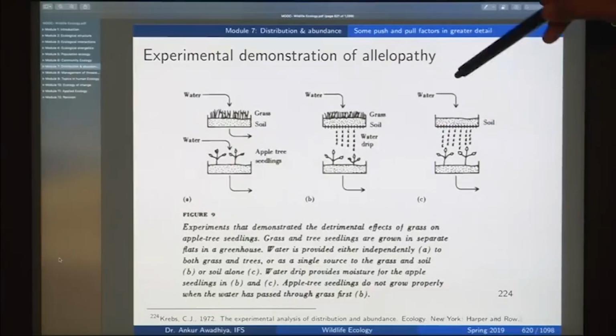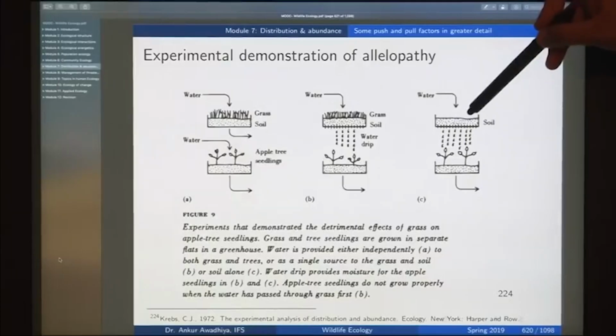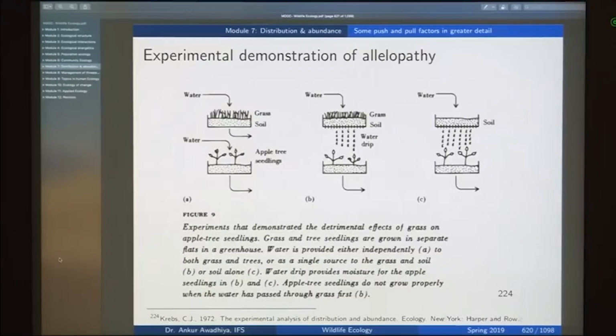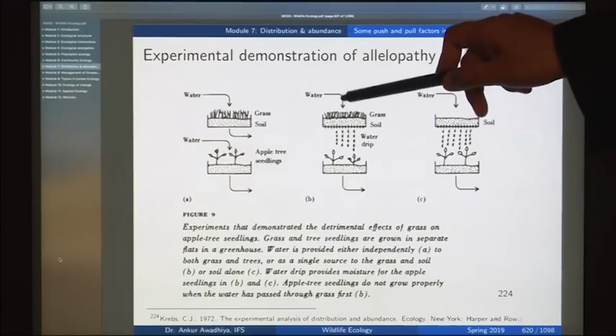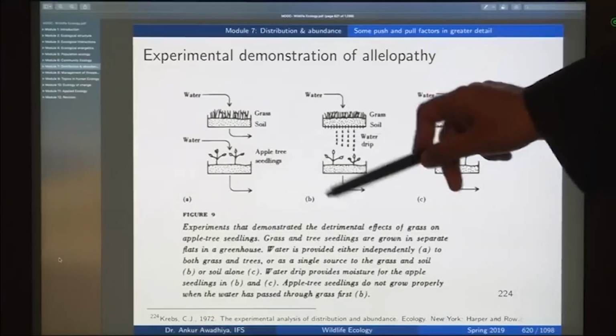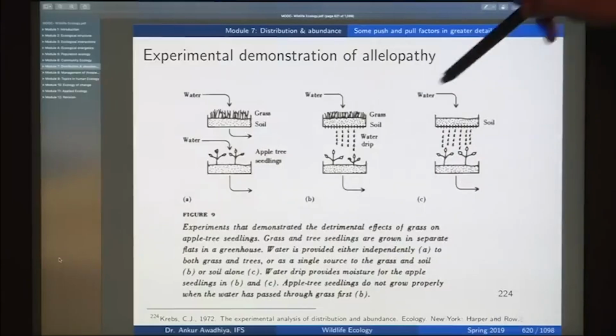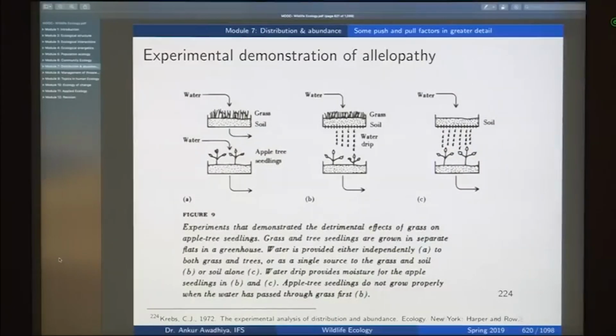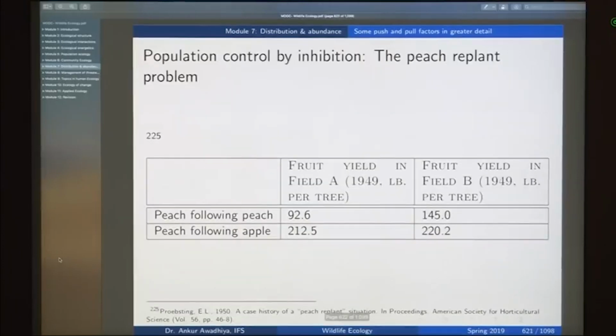But then if you put water only through a soil bed without the grasses, these apple seedlings are able to survive. So, this is telling you that there is something in grass which is leading to the death of these apple seedlings, because there is nothing in the soil that is leading to the death of the apple seedlings. So, this is how you can look at the impacts of allelopathy, or you can experimentally play with the impacts of the allelopathy.